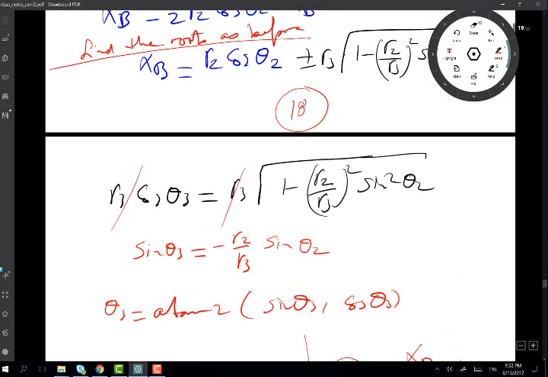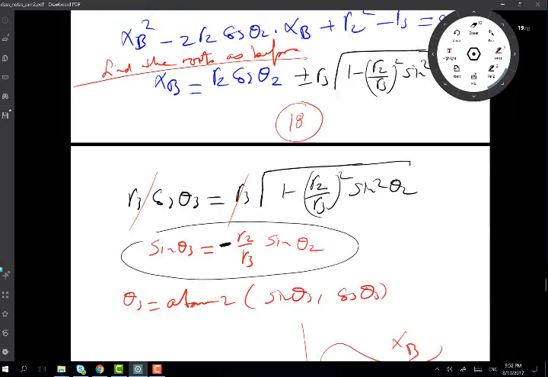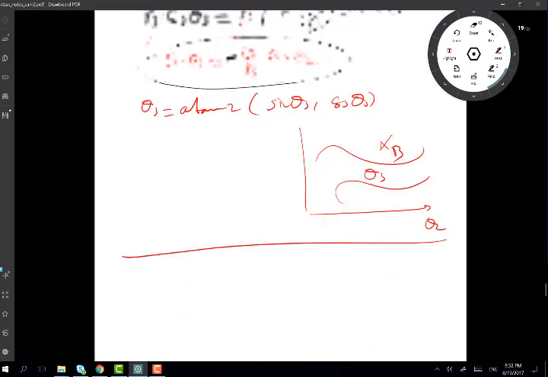Also, if you look at the expression you get for sine theta 3, you can make the same conclusions, that R2 will have to be less than R3 or the linkage is going to stall. The insights that you developed previously you can still develop here, because you get the same equations using a different method.